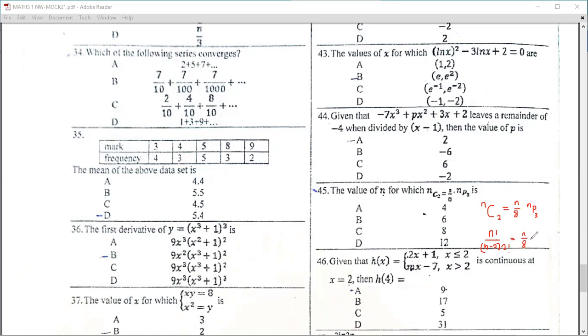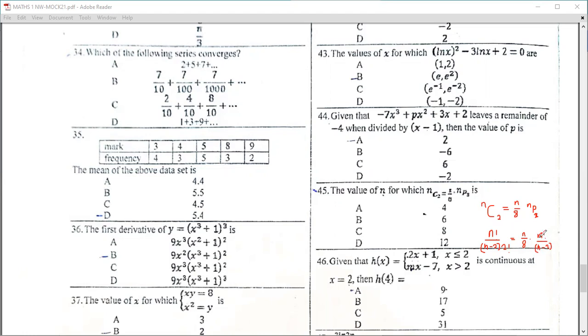times, now for permutations, we will have n factorial, all this over n minus 2 factorial. So this P here is 2 as I saw it. They're telling that the value there is 2, so I'm taking the 2.